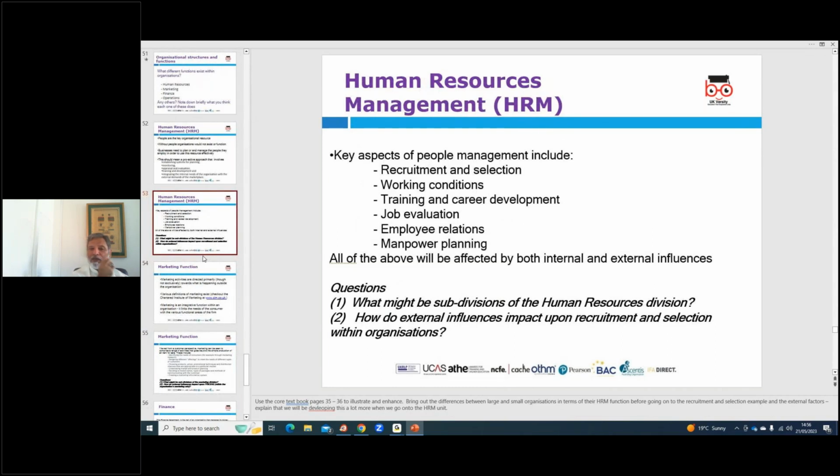Therefore, you need to discuss why they are important, and what external or internal influences they have on the recruitment and selection of people within the organization. These are the people who manage the HR. So you need to look at these.